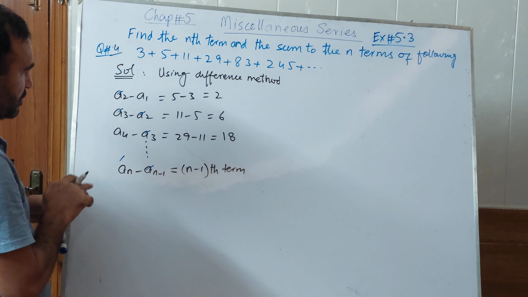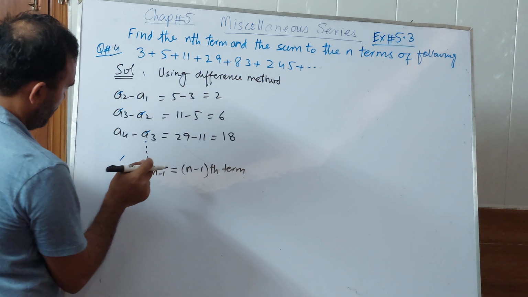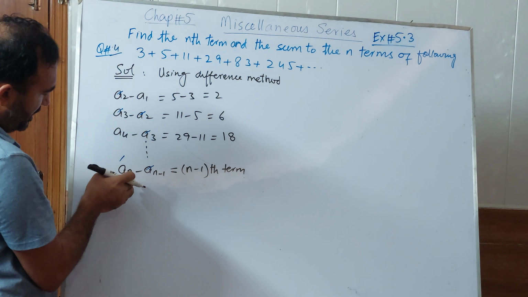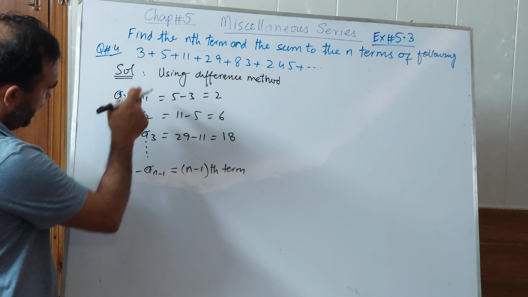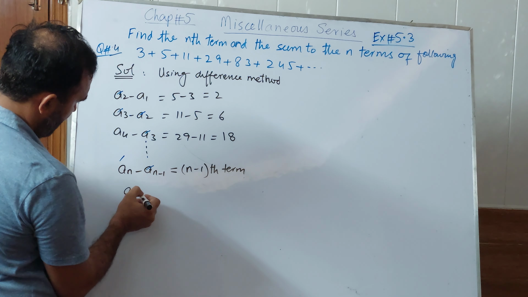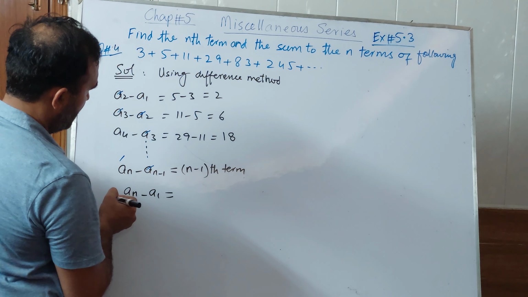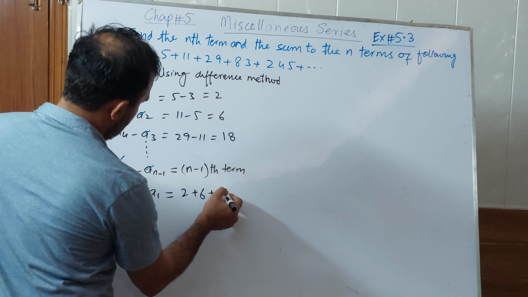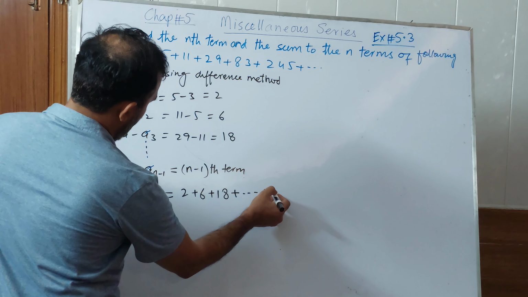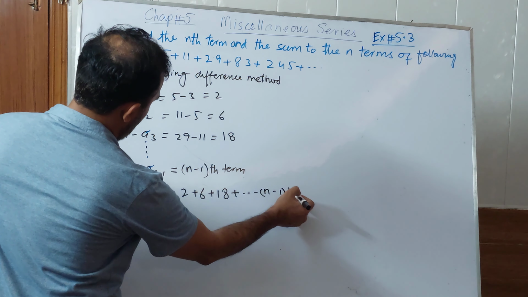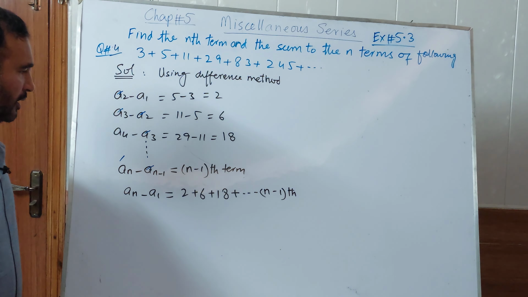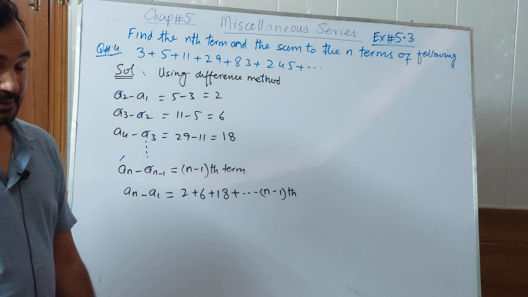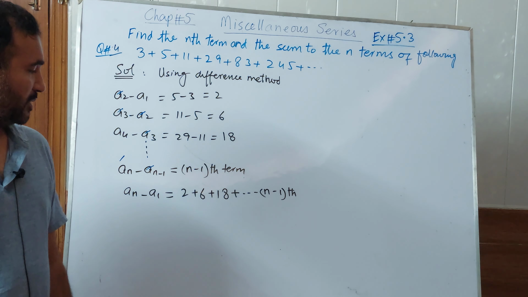So the only two terms which are left are an and a1, so it will be an minus a1, and if you add them, it will be 2 plus 6 plus 18 up to n minus 1 terms.